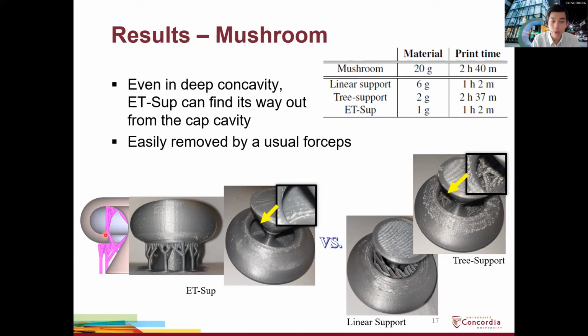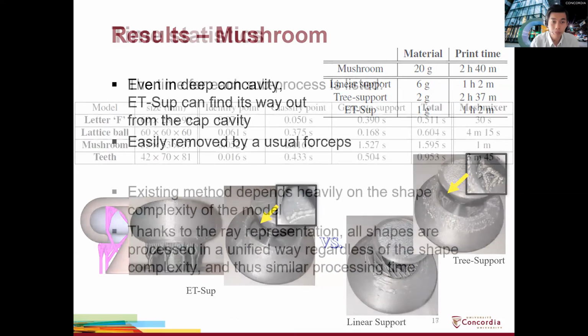There are no contact points on the inner surface. So everything is connected to the build platform. And to remove it, because there is a connection over here, by shaking it a little bit and using forceps, we can directly pull out the support without damaging the model. And you can see that all the supports are clean and clear.